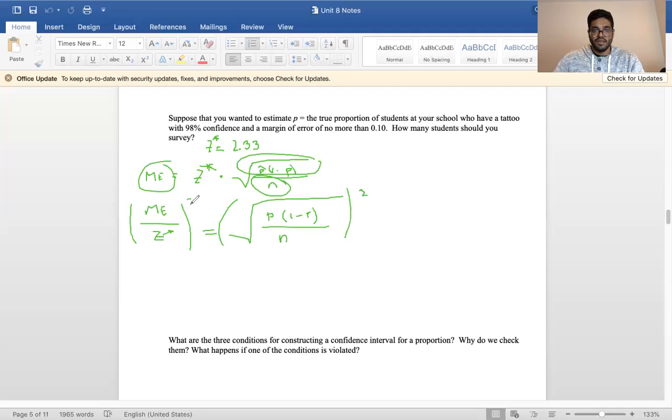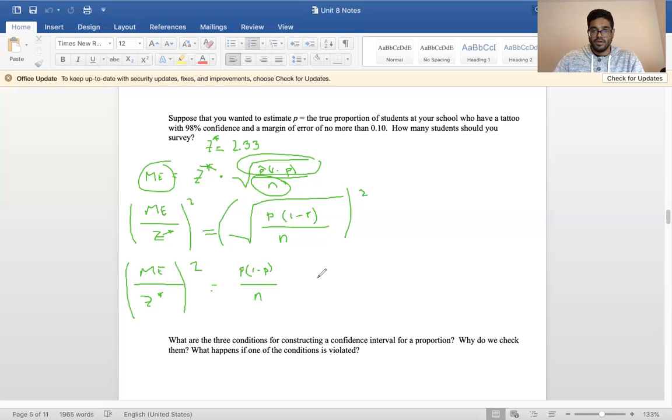If I square the other side too, then I get ME over z critical, squared, is equal to, and now the square root is gone, so I just have p times 1 minus p over n. If I multiply by n on both sides and then divide by the thing on the left-hand side, I can just do this step by step.